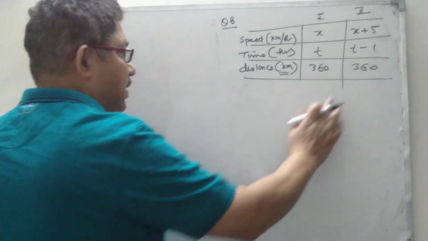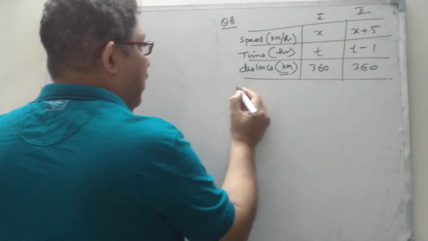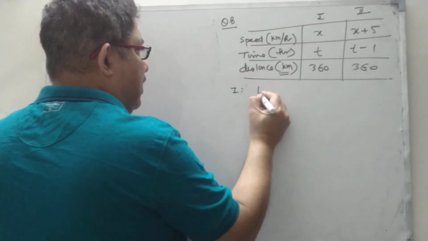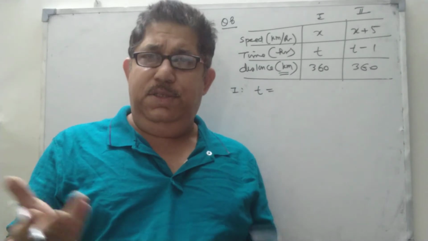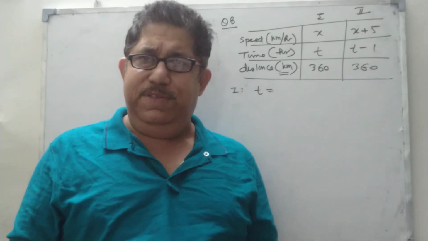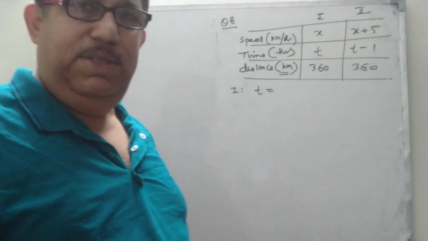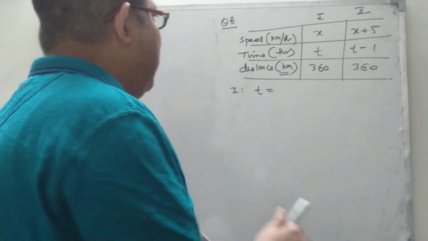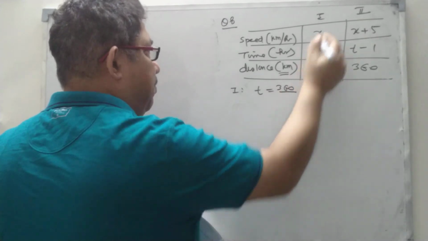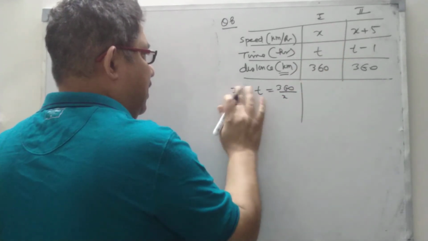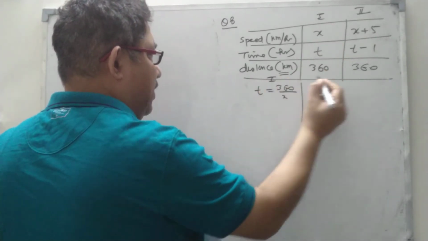See, from the first case, what is time equal to? You all know that time is equal to distance upon speed. Now that is very elementary level physics. Everybody knows that. So t is equal to 360, the distance, over x, the speed. This comes from the first one.